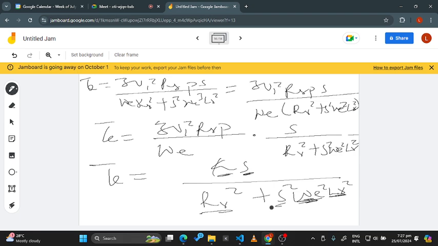At a very low slip, the closer the slip is to zero, the square of the slip is less than just the slip. So R squared will be far greater than S squared omega e LR, and since this is far greater than this, we can ignore this.